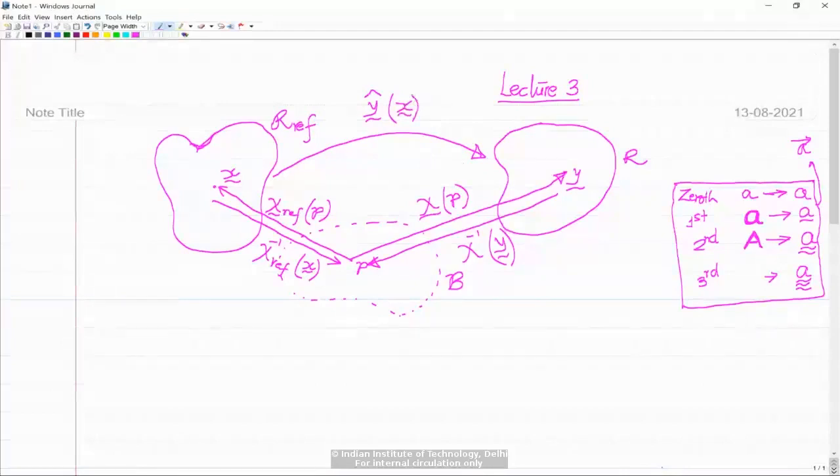And of course then you can also think of the inverse, y hat inverse, which takes y as an input. So I hope this picture is clear to everyone.